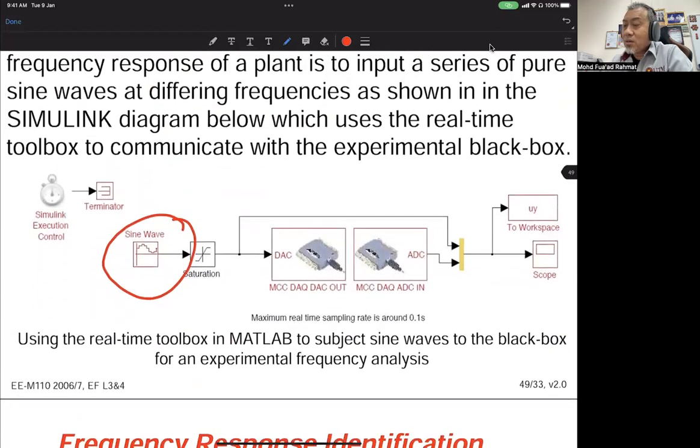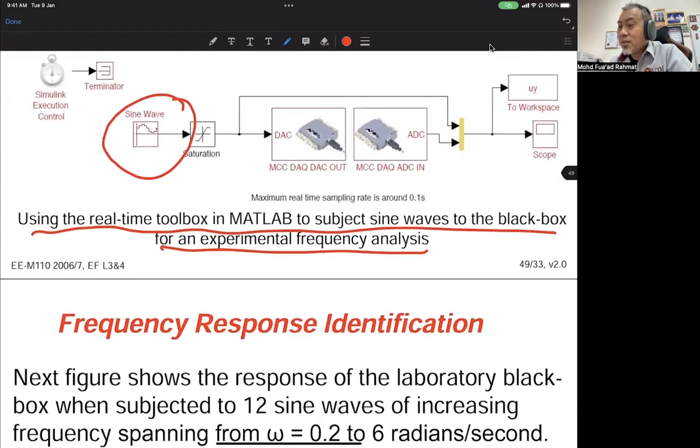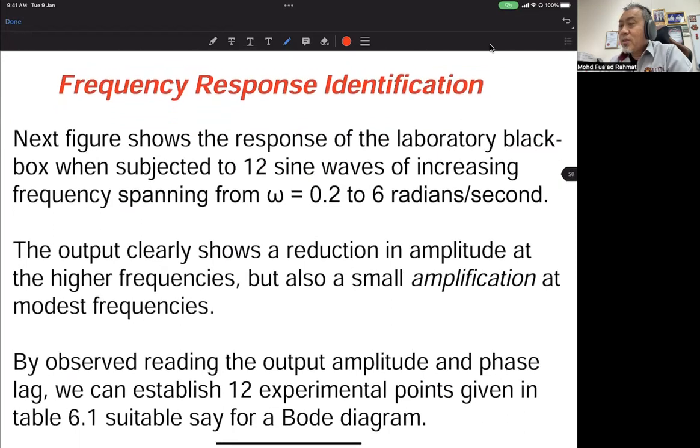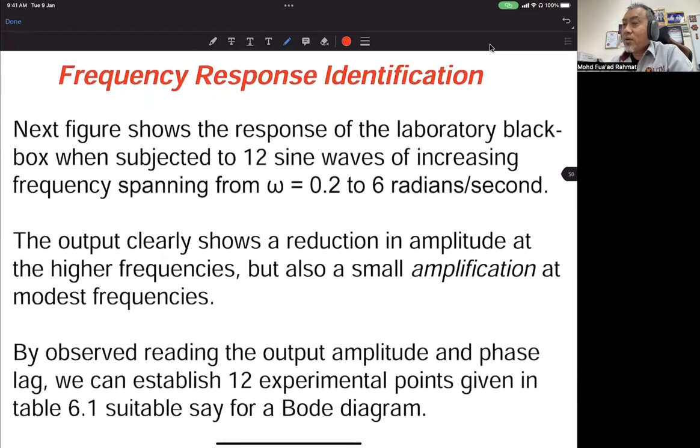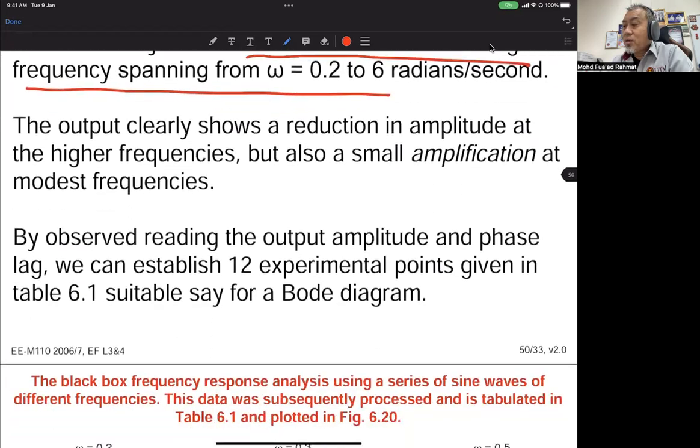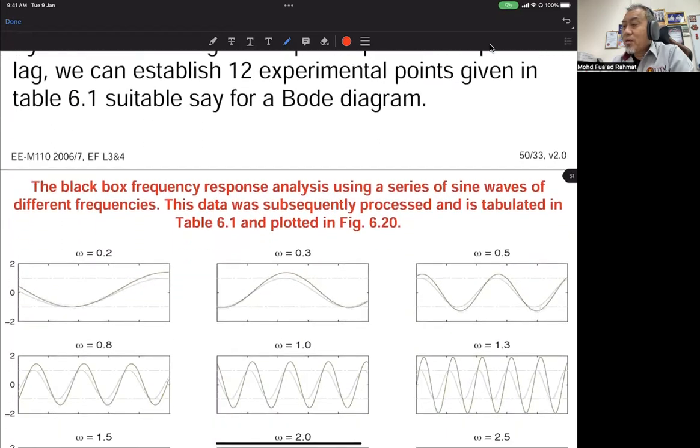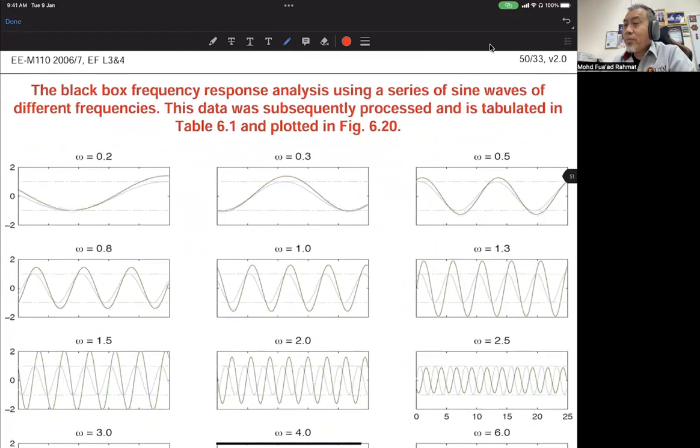Okay, you can use Real-Time Workshop in MATLAB to do this black box experimental frequency analysis. Okay, so let's say we have a sine wave, increasing frequency from 0.2 to 6 radian per second. We capture the output and then we plot. Okay, you can see what happened.